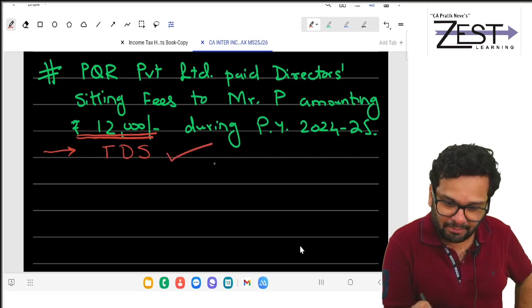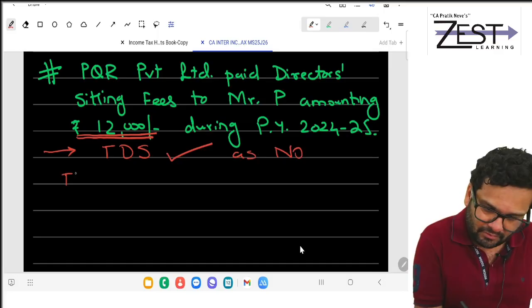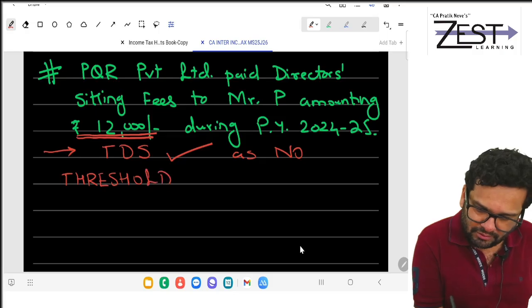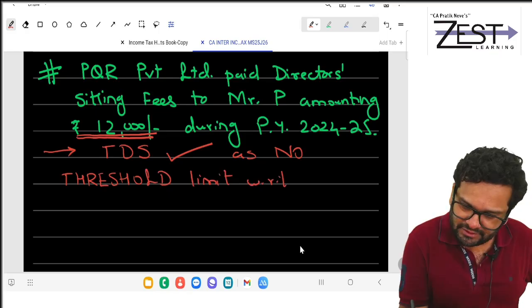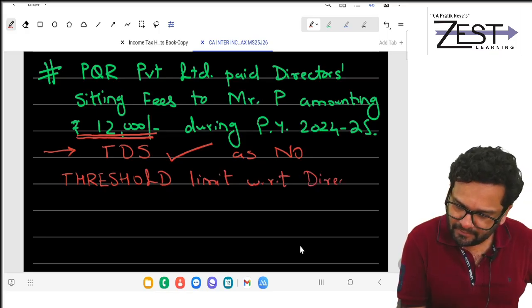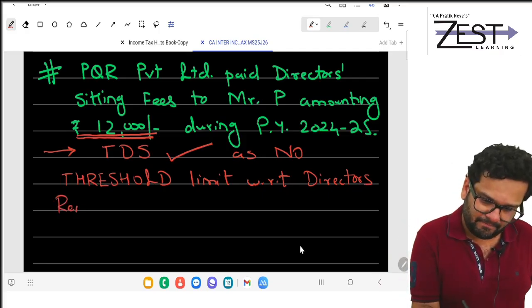TDS will happen. Why? As there is no threshold limit with respect to directors' remuneration.